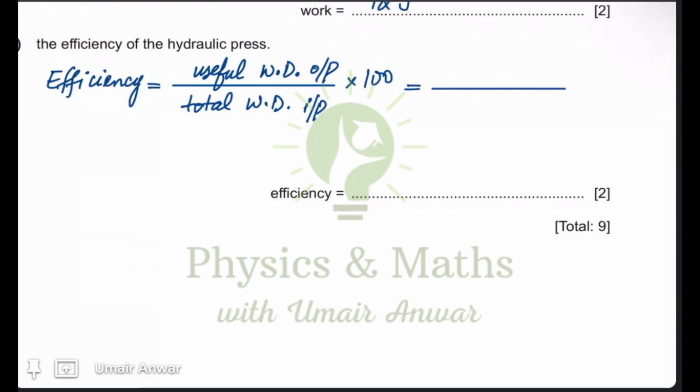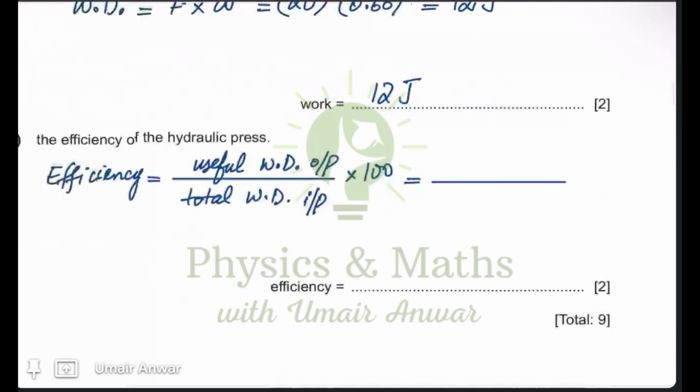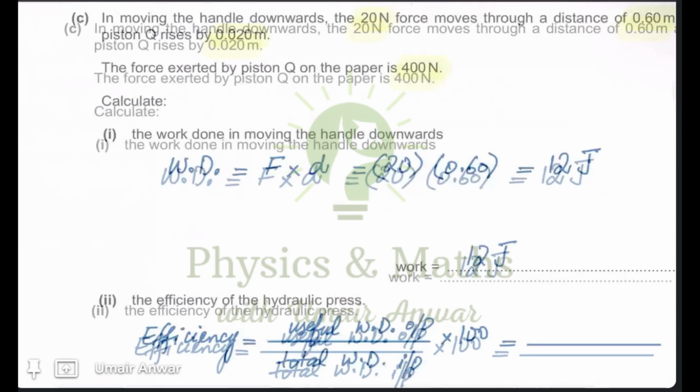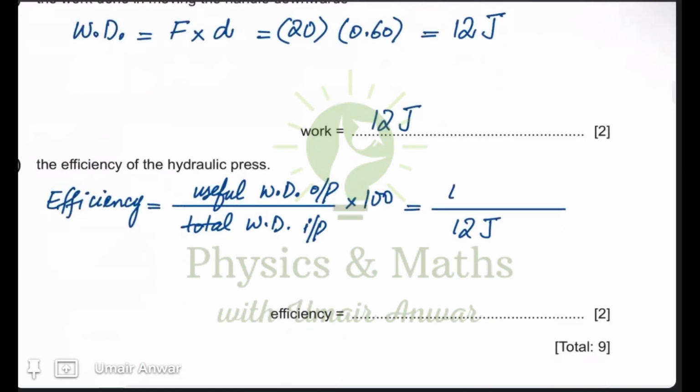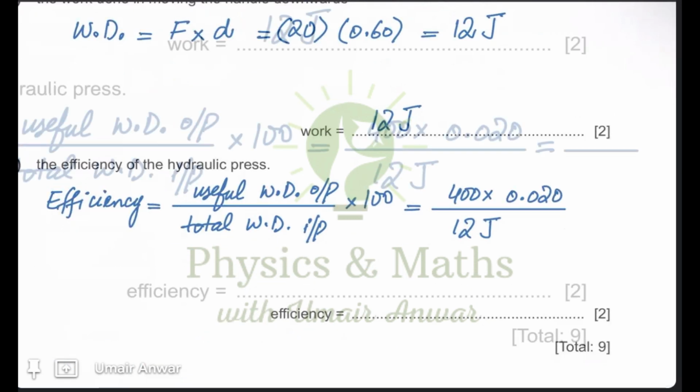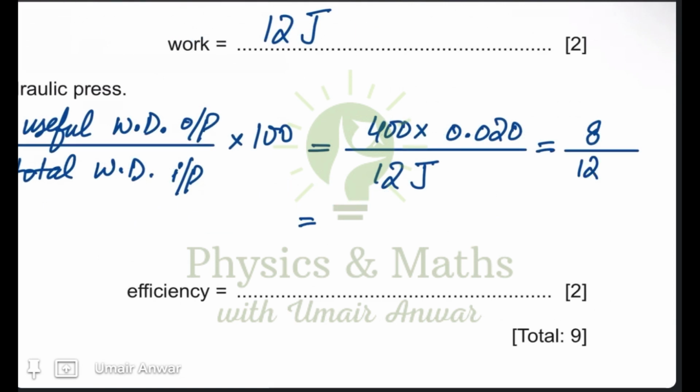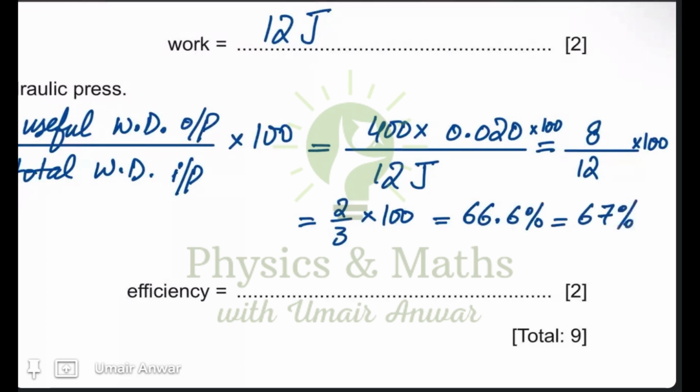Now the total work done input was the work done on the handle, and the total work done output was the work done by the piston Q. So the input was 12 joules and the output was 400 multiplied by 0.020. So this is 8 divided by 12, and it is going to be 2 upon 3 multiplied by 100. So it is going to be 66.6%, and in two significant figures we are going to write it 67%. So the efficiency of this setup is 67% over here.